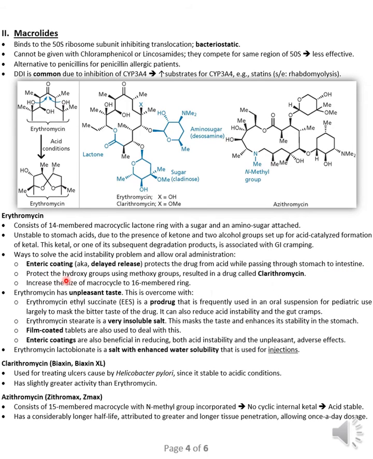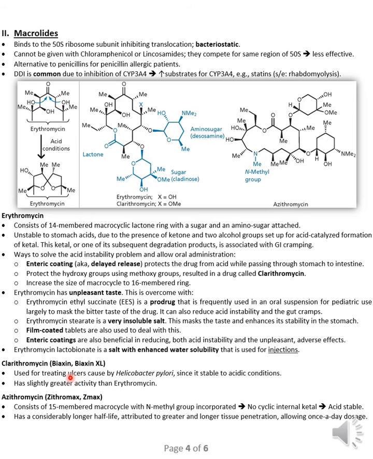Another way is to actually protect or mask this OH group here with a methyl group. So instead of OH it would be O-methyl, and this will result in a new molecule called clarithromycin, which we will see here.